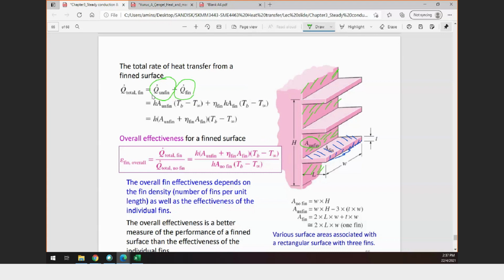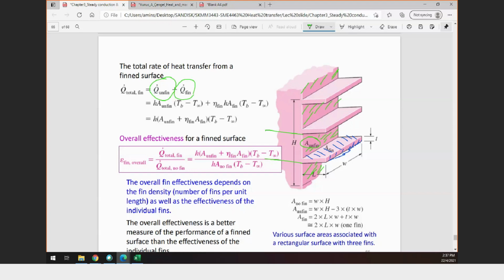Normally what they calculate first, they only consider one side, and then they will multiply by how many times this fin will be replicated depending on the height of the object or the wall that you want to attach the fin to.